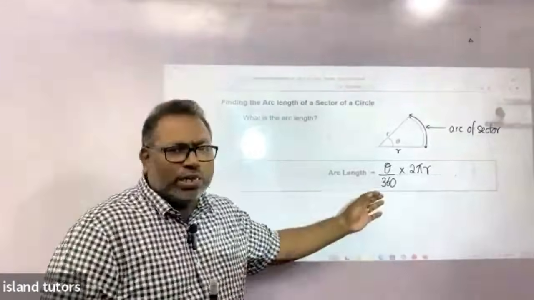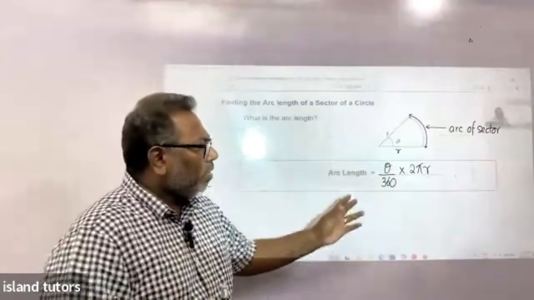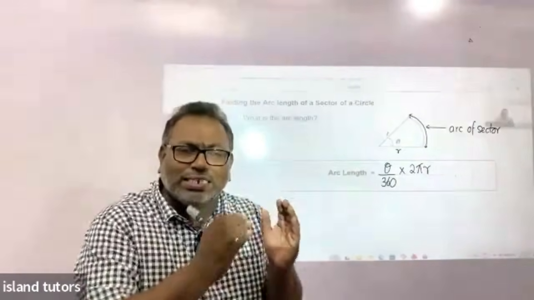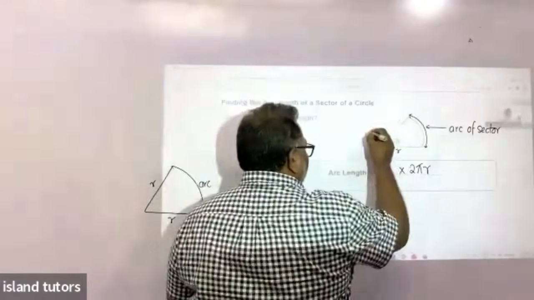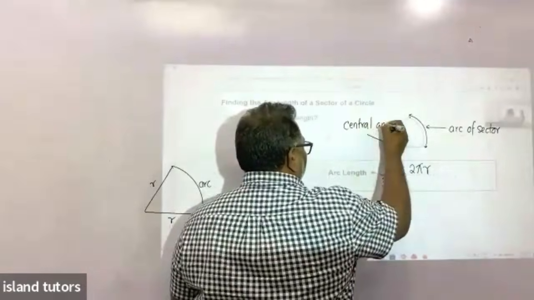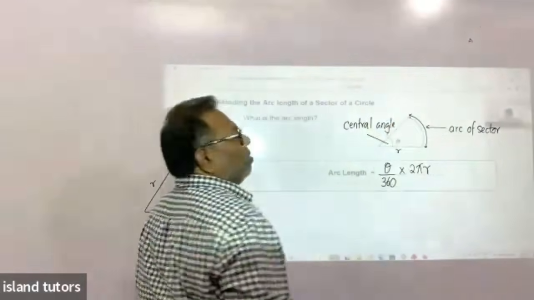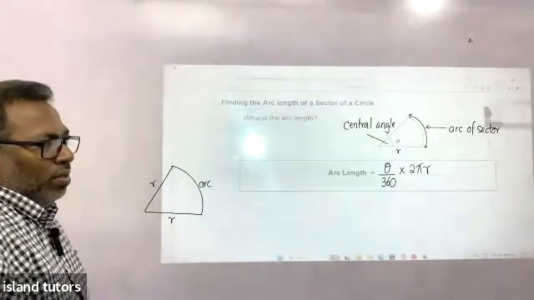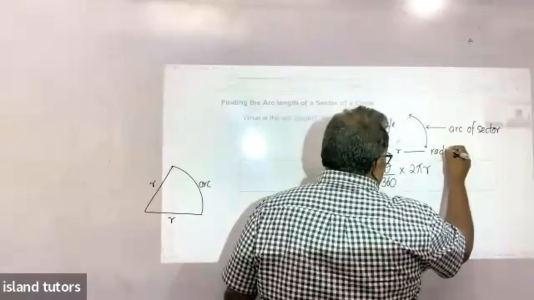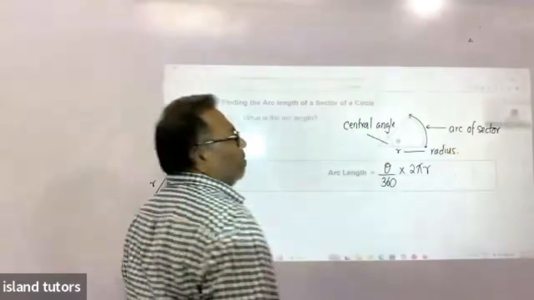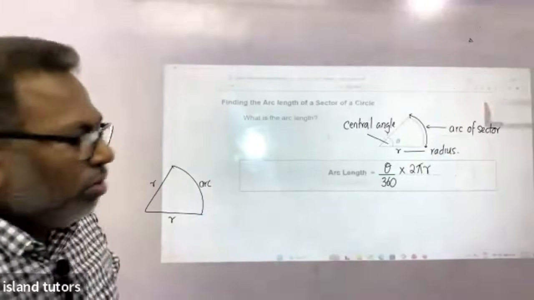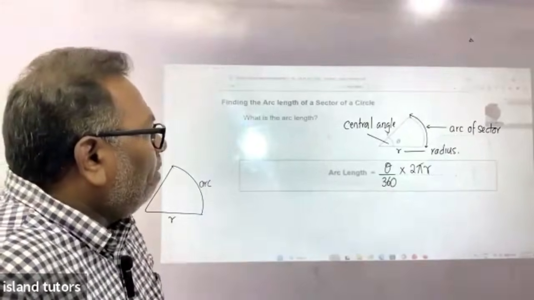I think it is already given in your tute, the formula for the arc length. So theta over 360. What is theta? The central angle. Your central angle is your theta. R is your radius. You can put all of this in your tute. Just mark it.